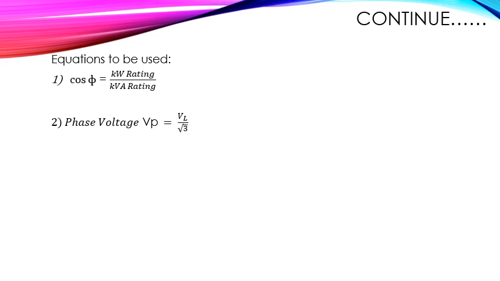That is, line voltage is equal to root 3 times the phase voltage in 3-phase AC systems. Then load current, by using the above equations we can find the load current: I equals load in kilowatt multiplied by 1000 divided by root 3 VL.